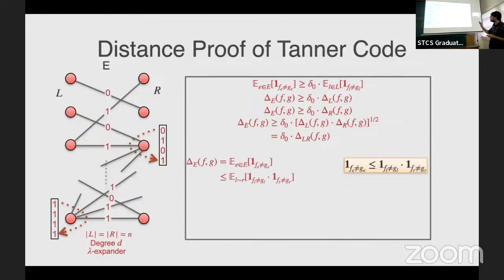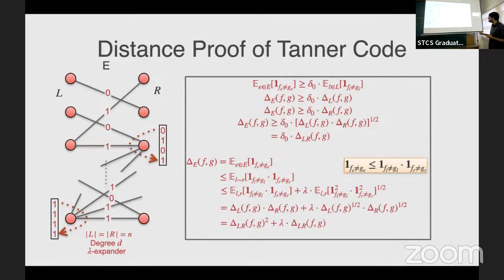Okay, so now we have this expectation over the edges and one function on left vertices, one function on right vertices. This is where the expander mixing lemma comes in. It allows us to write it with an expectation over all LR pairs up to lambda L. So that's the first expression. The second and third expressions are just rewriting that in delta L, delta R notation.